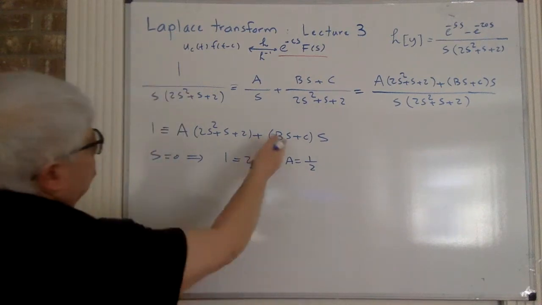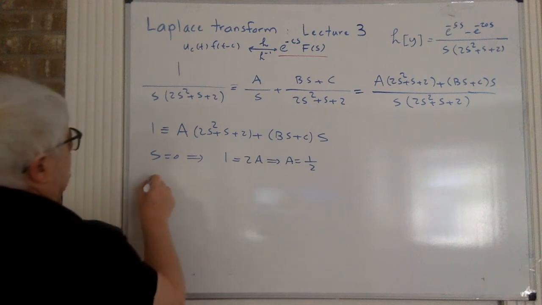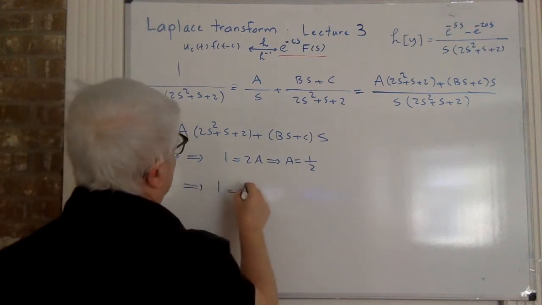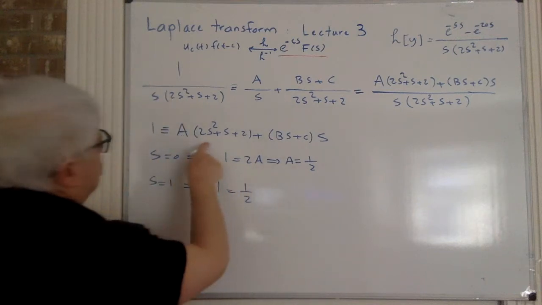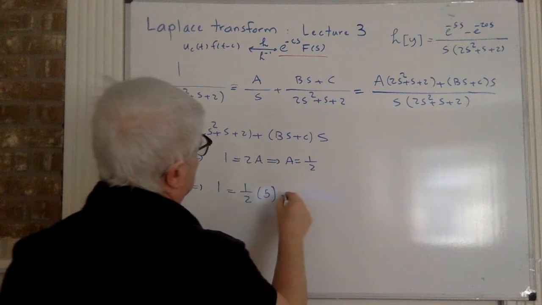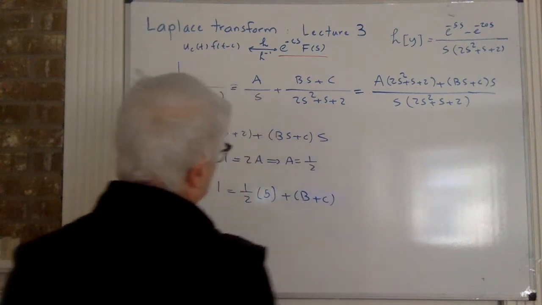I can just let s be 1, say. s equals 1 gives me 1 equals 1/2 times (1 plus 1 plus 2), that's times 4, plus B plus C, and s is 1.